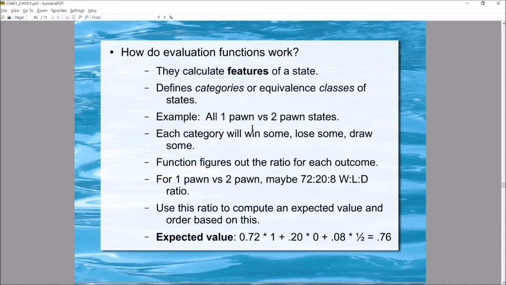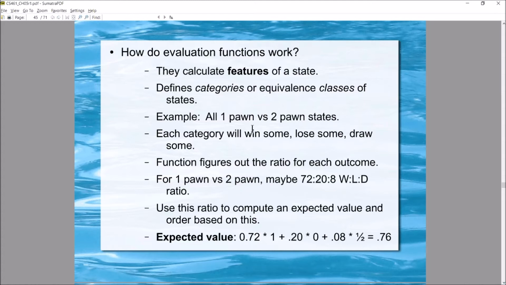If I have 1 pawn and my opponent has 2 pawns, that's one situation, but it could be the case that the AI only has 1 pawn no matter what. Now that 1 pawn could be in 64 different positions, okay? But that's one category of states. Now it could be the case that the AI has 2 pawns.